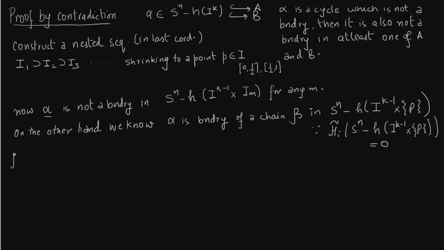So what is this beta? What is this chain beta? Now chain beta, we know all these chains in chain complexes are nothing but combination of singular simplices. So it is a finite linear combination of singular simplices with compact image.